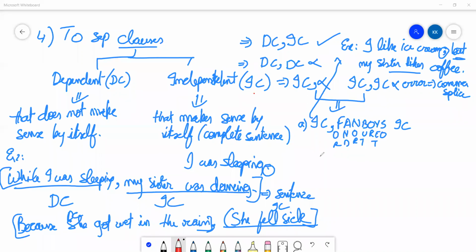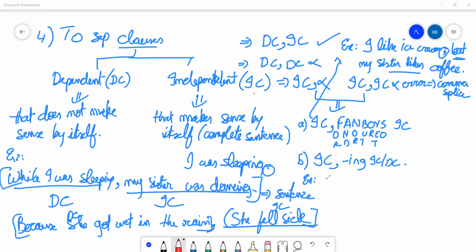Okay. The second way, if you want to use a comma after an independent clause, is basically this: IC, comma, -ing. The -ing can be followed by an IC or DC, anything is okay, it doesn't matter. I'll give you an example for this, you will understand.